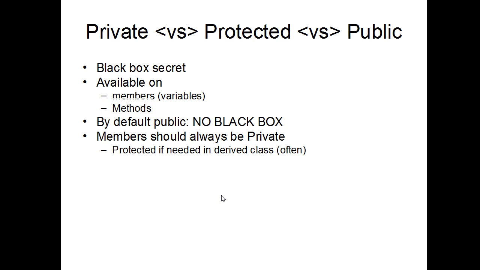Now, in some cases, members should be protected if they are really needed in a derived class. It happens quite often. Of course, you could just have a method giving the information that you need or setting the information inside your class and passing that to the derived class.